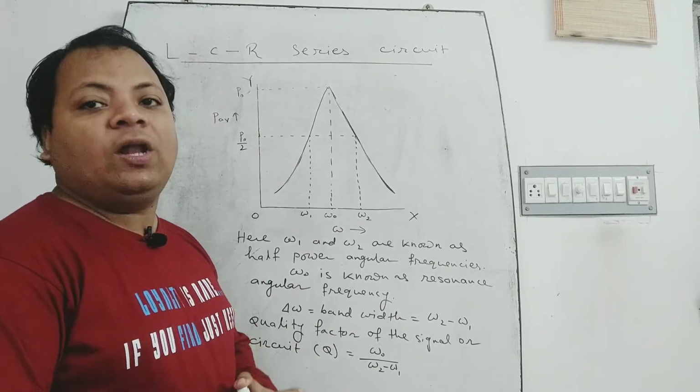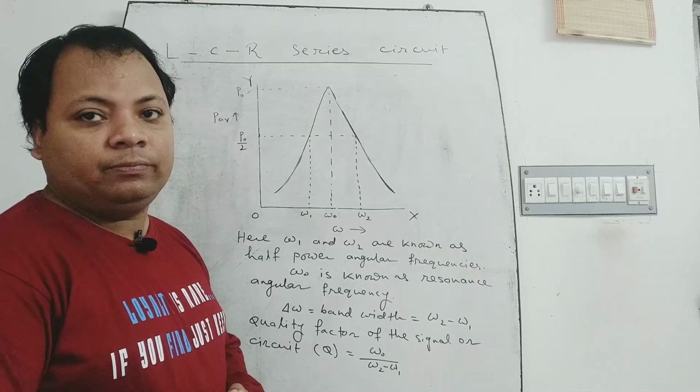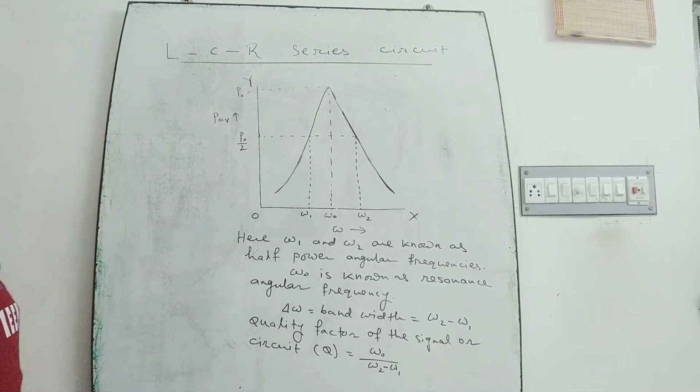At half power of the circuit, I becomes I0 by root 2 and V becomes V0 by root 2.